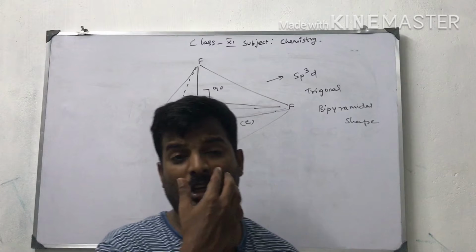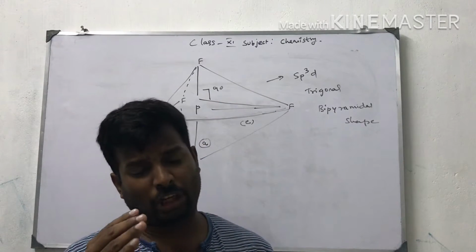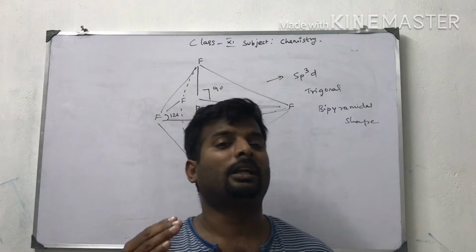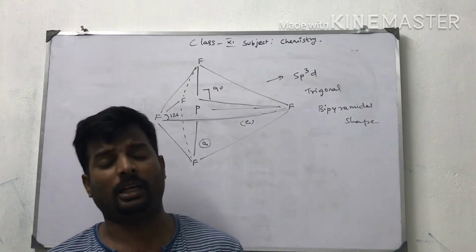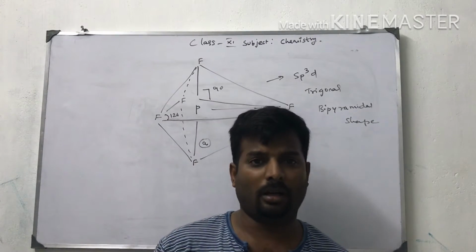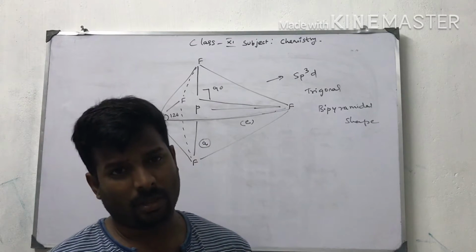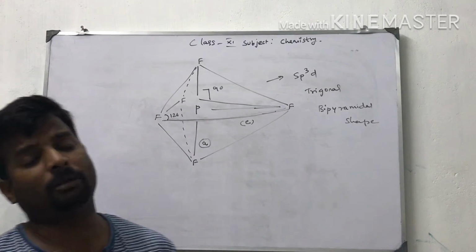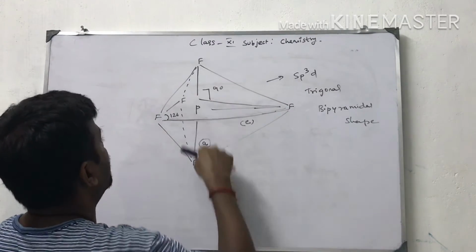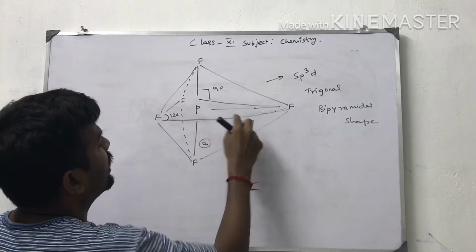Three of them are in the horizontal plane. Three of the hybrid orbitals lie horizontal to the phosphorus atom, and they are called equatorial bonds. The remaining two are called axial bonds. Axial bonds are straight. These two are called axial, these three are called equatorial.